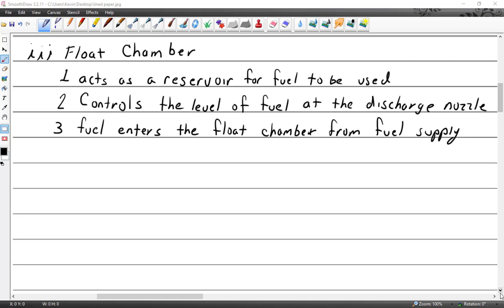Okay, let's see. And fuel enters the float chamber from the fuel supply. What is my fuel supply? The tank. That's right. And where are the tanks often located? The wings. And sometimes we have high wings and low wings, right? Most of the time, unless they're like in the DV20, they're right behind the... Oh, that's true.